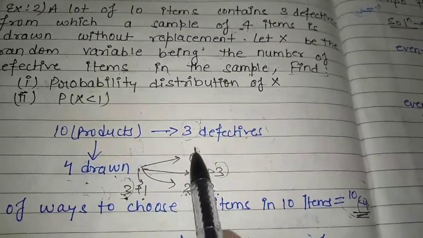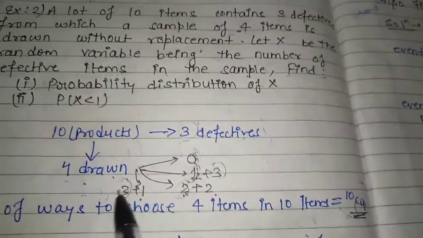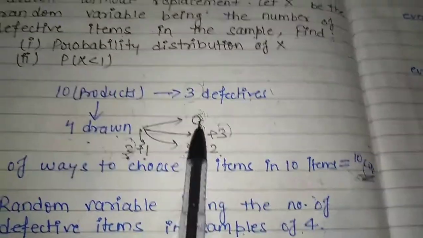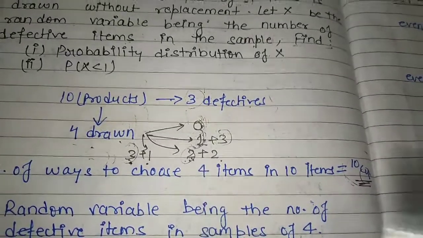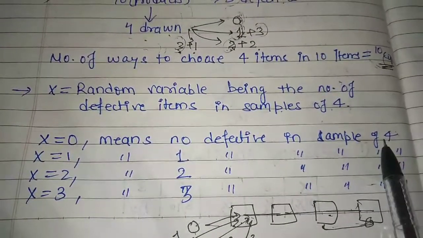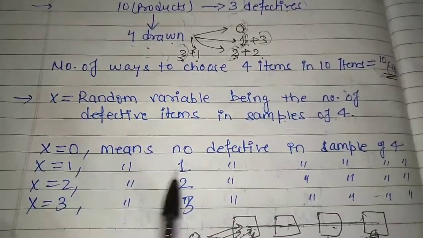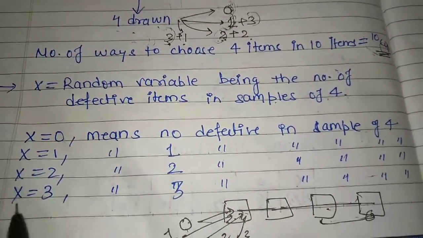Means we have to find the probability of all the possible events. There are 4 possible events for the random variable x. When x is equal to 0 means no defective in the sample of 4. When x is equal to 1 means 1 defective in the sample of 4, and like that x equal to 2 and 3 defective.